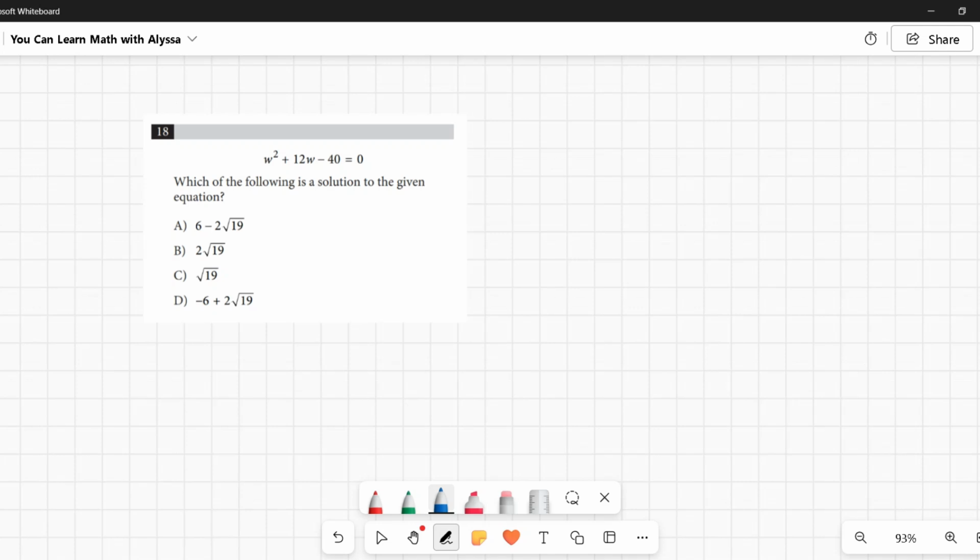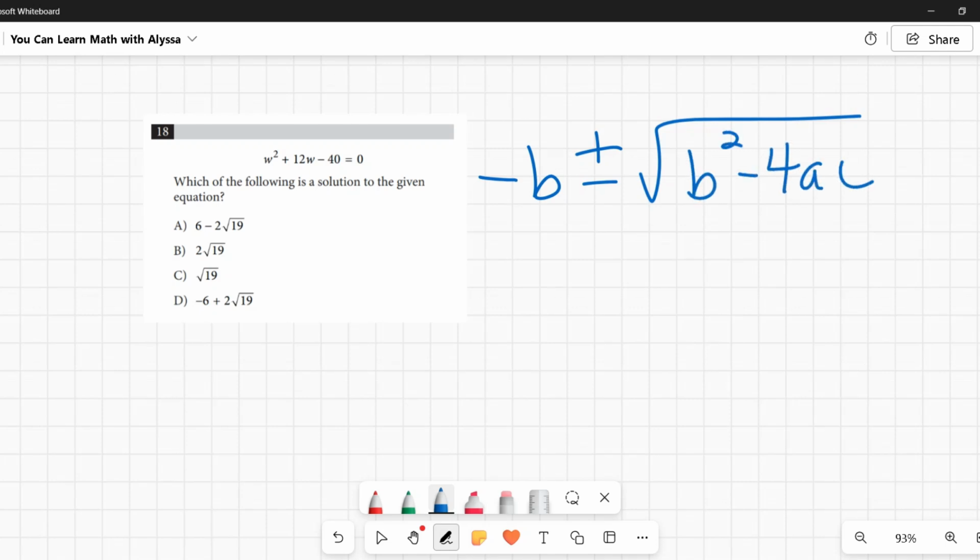All right, so my method that I used first was the quadratic formula, which is negative b plus or minus the square root of b squared minus 4 times a times c, all over 2a. Is it unwieldy? Yes. Is it important to memorize it? Also yes.